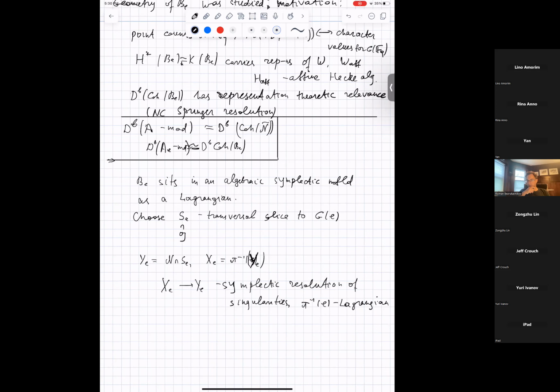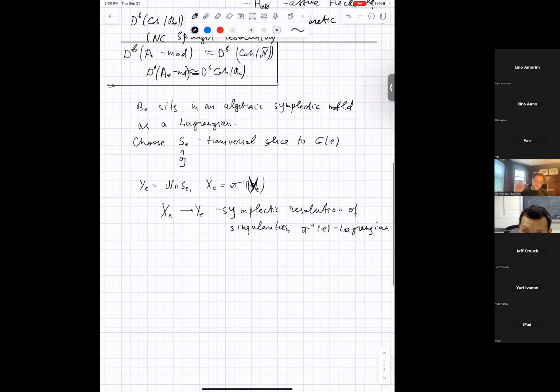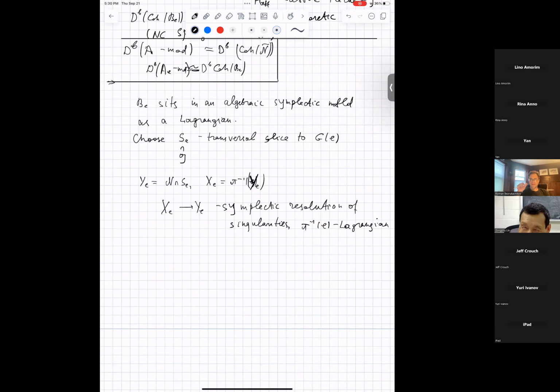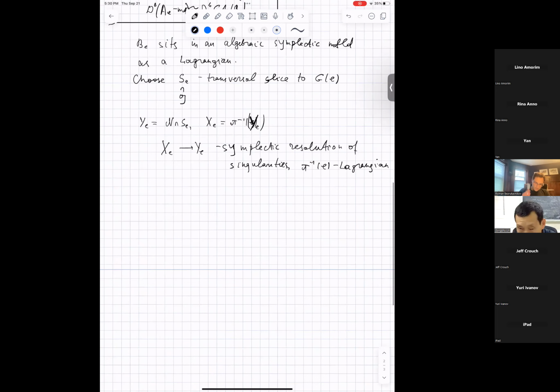Maybe you have to exclude bad primes. Yes, the characteristic should be good, that's what I just said: exclude bad primes, larger than some constant. Maybe. Thank you. Okay, but for now, for this talk, I can be relaxed.